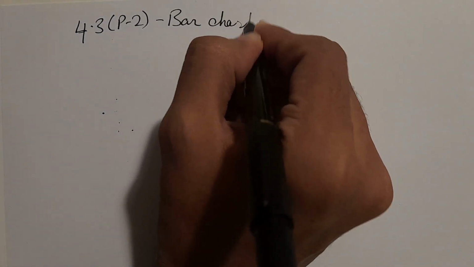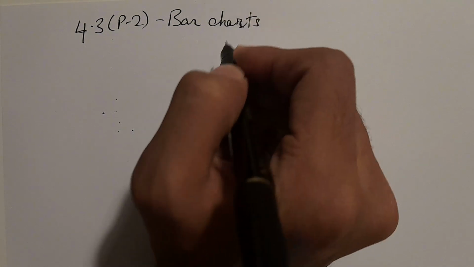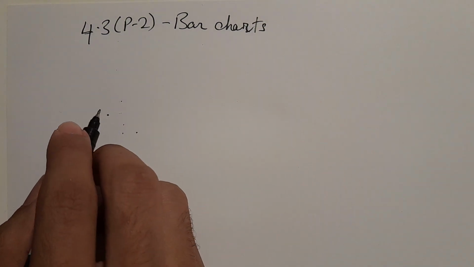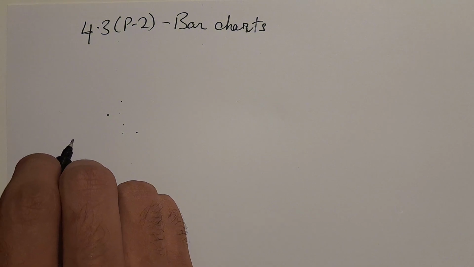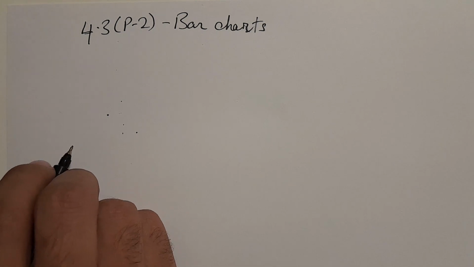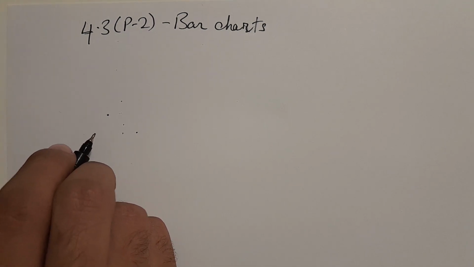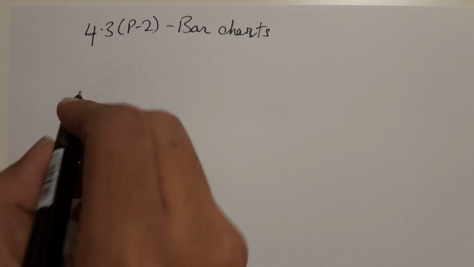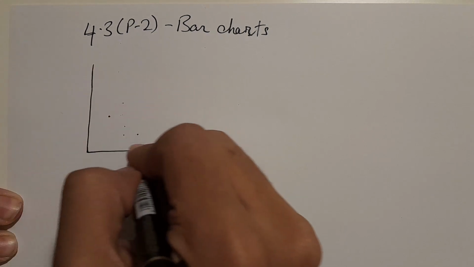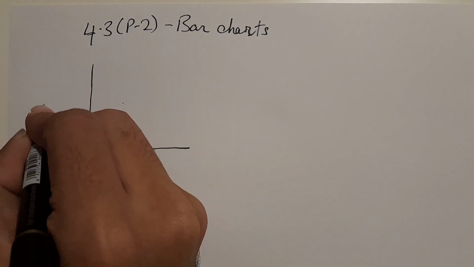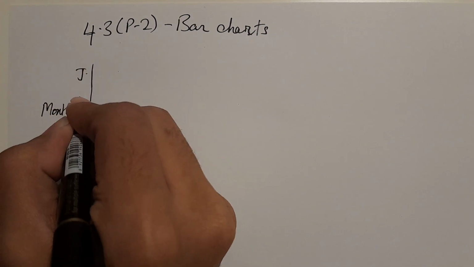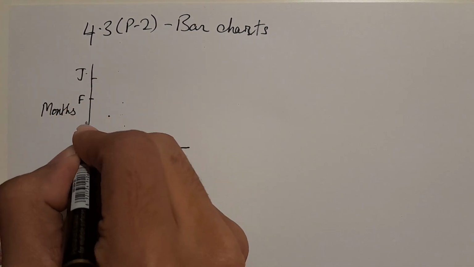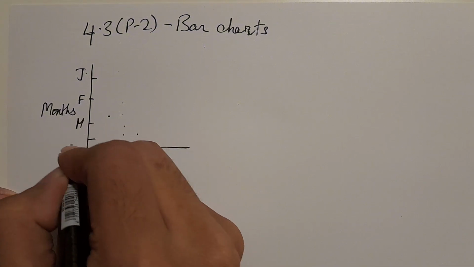So what basically are bar charts? Bar charts are normally used to display discrete data, and the charts show information as a series of bars plotted against a scale on an axis. For example, if we have the number of days of rain, on the bar graph we can draw like this, and here we can write the months: January, February, March and April.